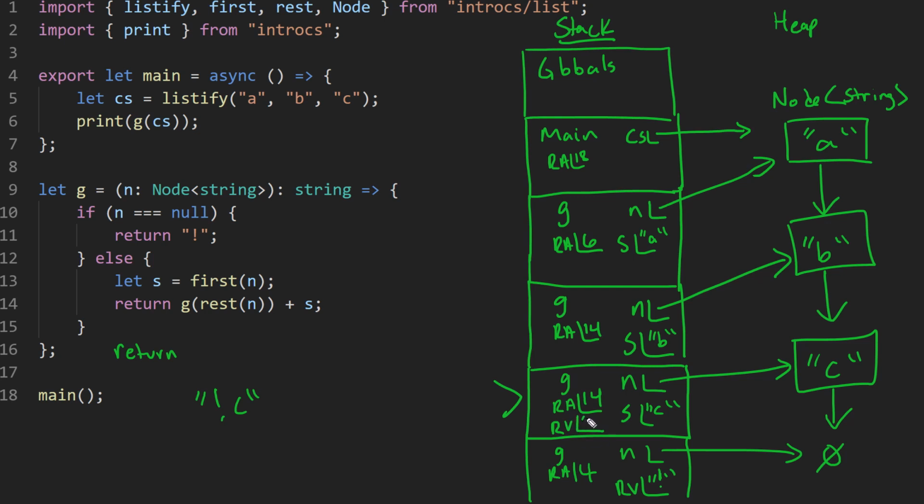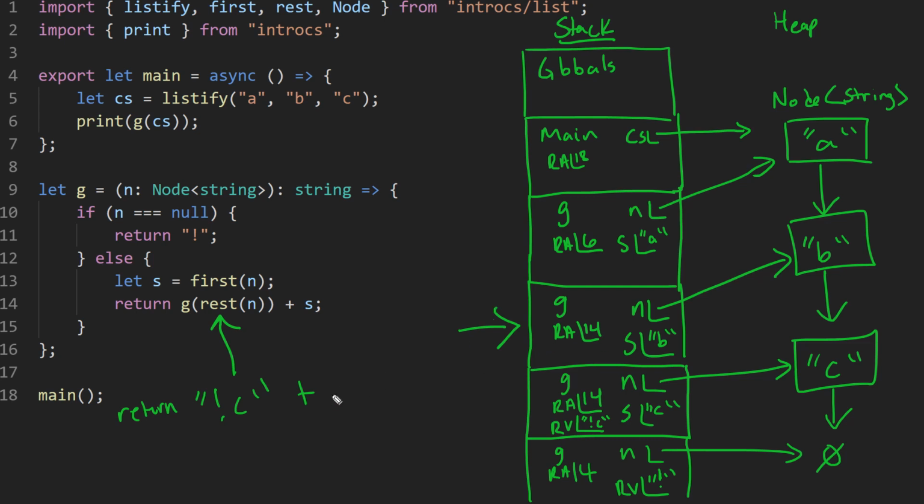Right? And we're returning that where? We're returning that to line 14. So back now in the frame where s's value is b, we've just returned exclamation point c as this recursive call. Now this return statement is going to read return exclamation point c concatenated with whatever s's value is in the current frame we're working in.